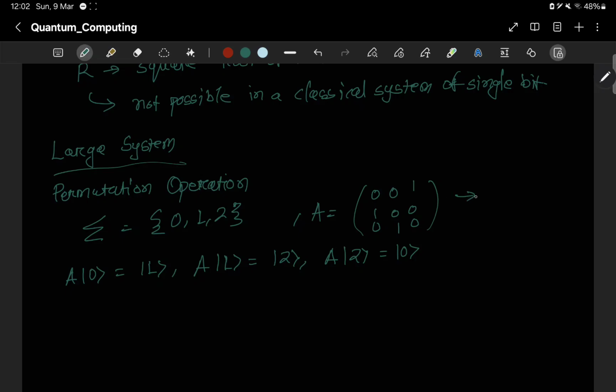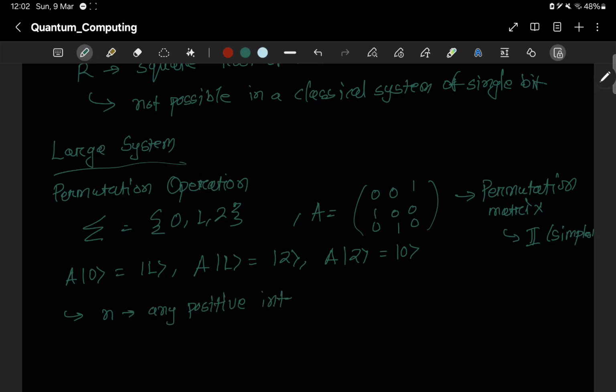This matrix is called a permutation matrix. One of the simplest permutation matrices is our identity. We can write a permutation matrix for any positive integer dimension.